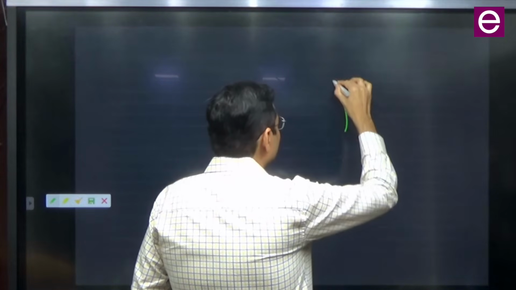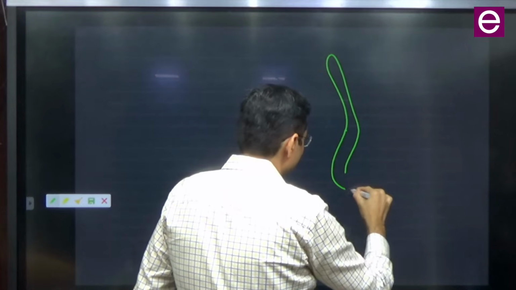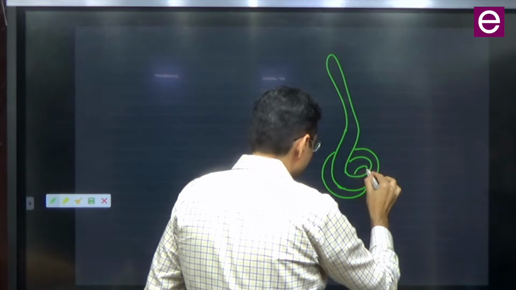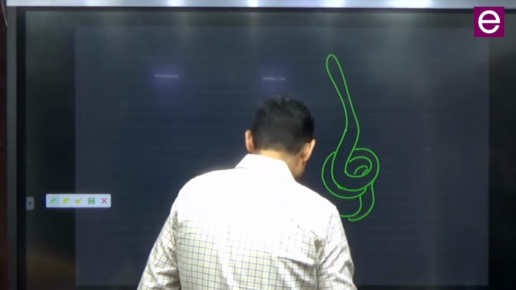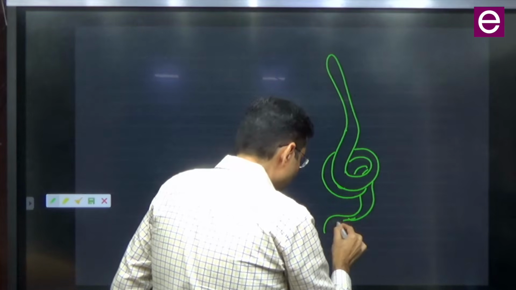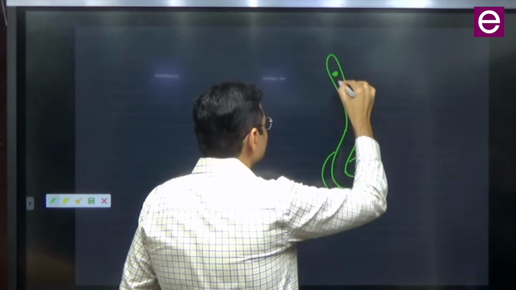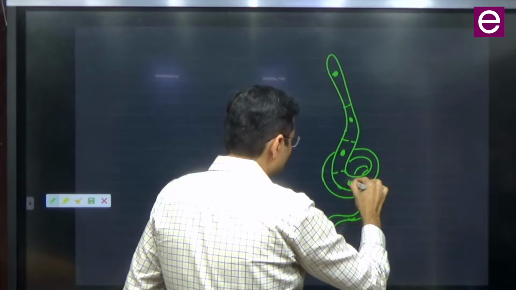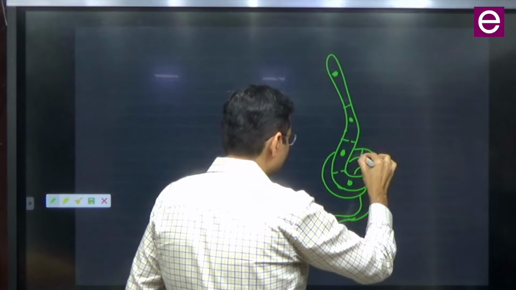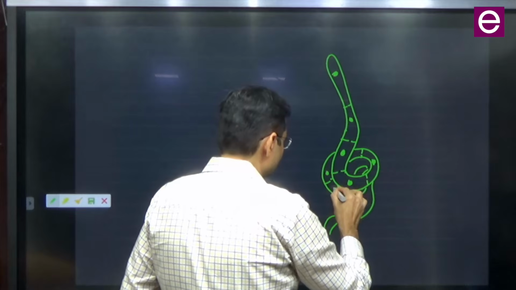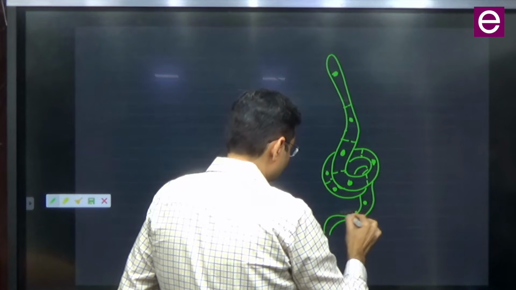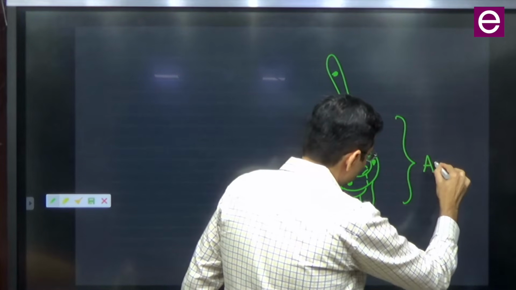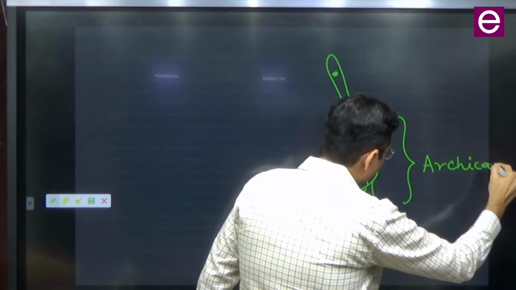So this is the structure in neurospora. So this whole structure is called archicarp. Okay.